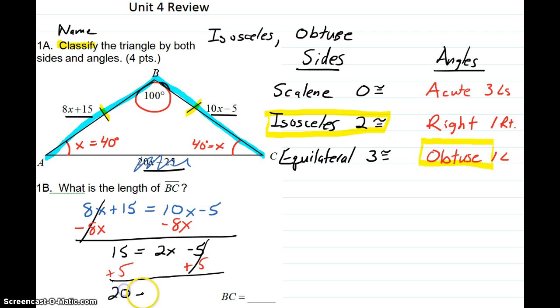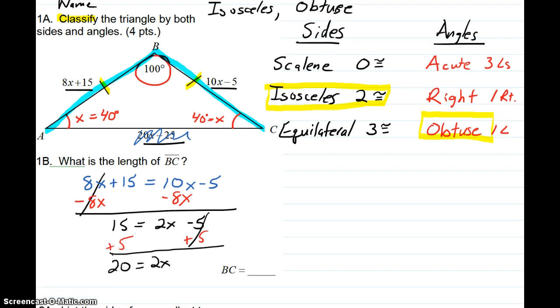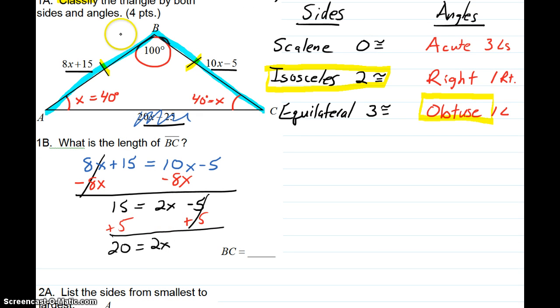So I get 20 equals 2x. Now we just need to divide by 2. So 10 equals x. So our value of x is 10. That doesn't tell us what BC is. BC has an expression of 10x minus 5.